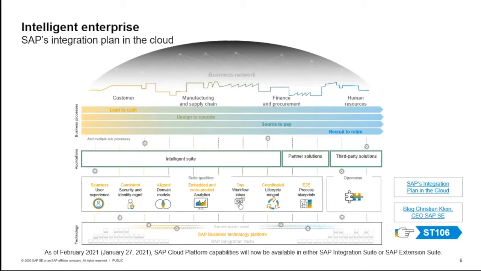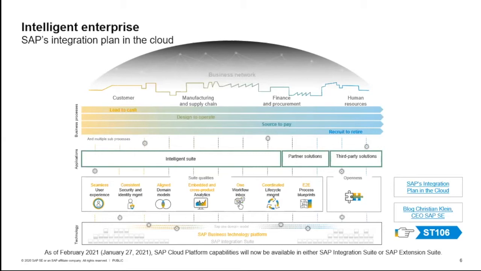For facilitating a true new suite experience, to deliver an intelligent suite with an integrated experience, SAP has introduced distinct suite qualities, which are technology standards that are consistently applied to the lines of business applications along these end-to-end business processes. As of today, we have 7 suite qualities in scope, covering all the integration aspects from a holistic perspective.